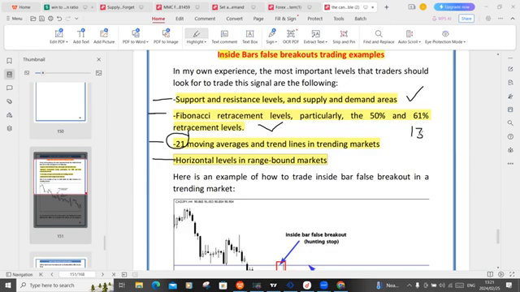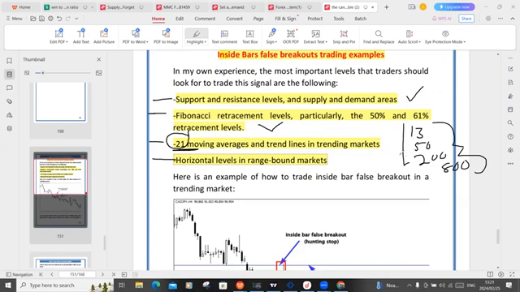So that's the 13, the 50, the 200, and the 800. All of these are exponential moving averages and they're set to close. The author, however, uses the 21 moving average. So if you want to test it out, you are free to test it out. If you're using the ones I use, you're free.